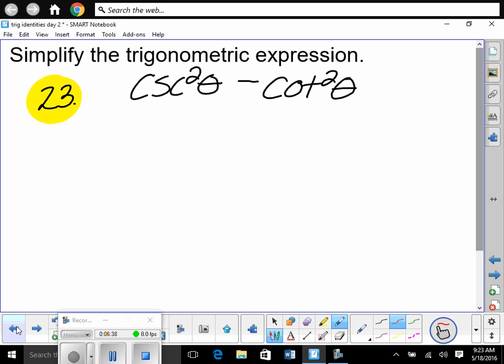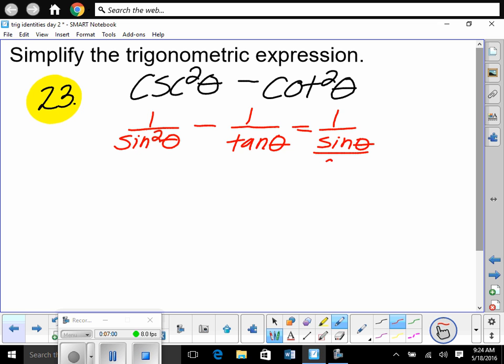Simplify the trigonometric expression. So we have cosecant squared theta, which we know is 1 over sine squared theta. Minus cotangent is 1 over tangent of theta. Now keep in mind, this 1 over tangent theta is 1 over sine of theta over cosine of theta, right?